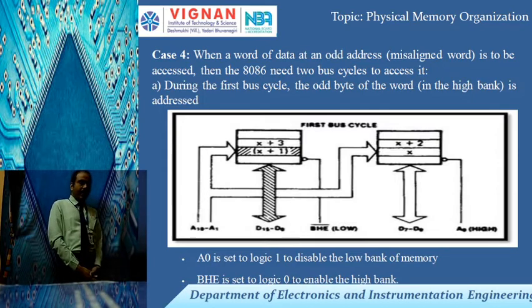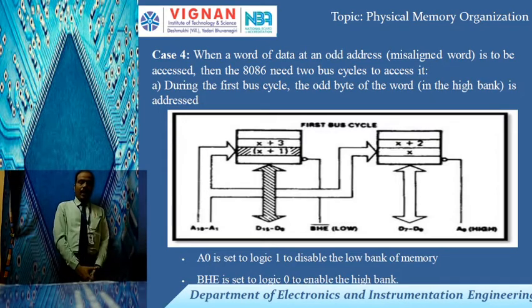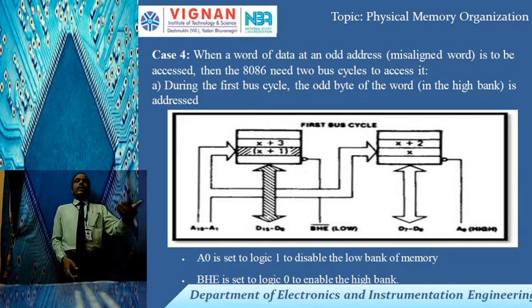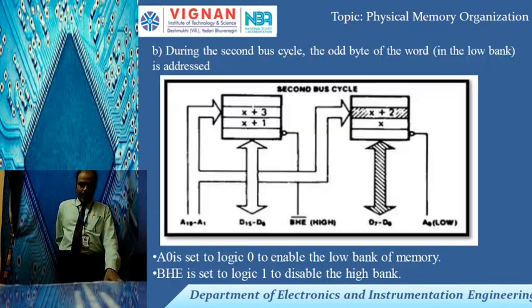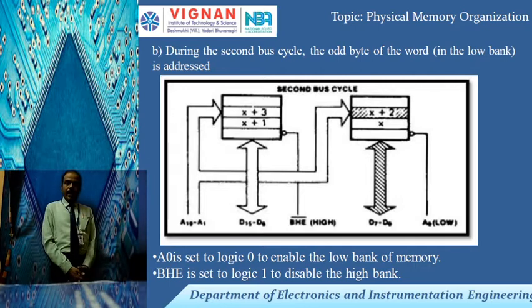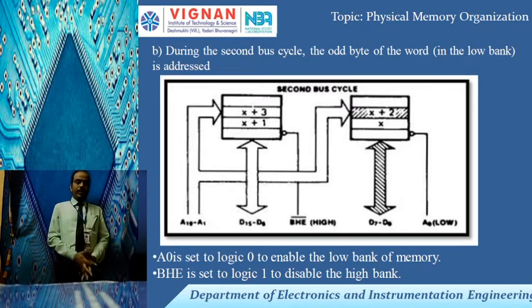With the first bus cycle, the odd byte of the word is addressed, so BHE bar equal to 0, A0 equal to 1, and then the data can be accessed on the higher data bus, D8 to D15.